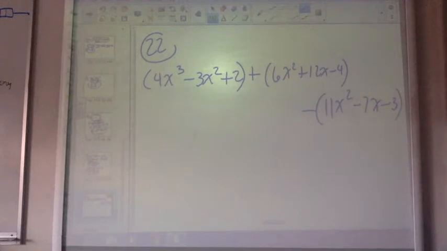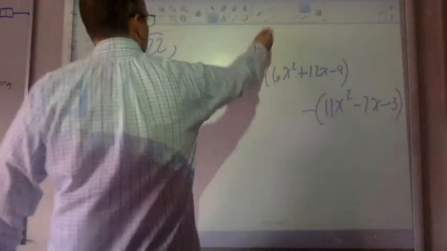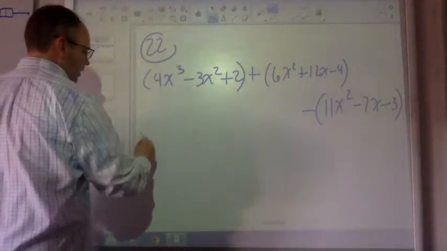All right, so I have 3 sets of parentheses. Everyone agree? The first 2 sets of parentheses I can just drop. But the third parenthesis, I have to change all the signs. Why? Yeah, I have a negative prior to it, okay? So I'm going to keep this the same, so I get this.